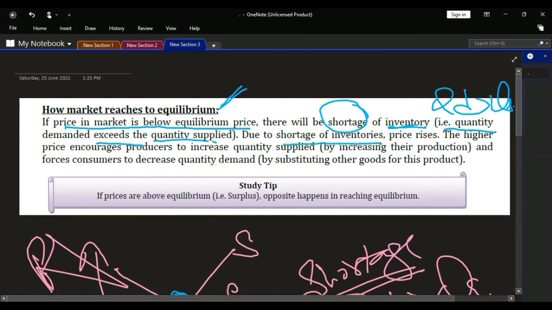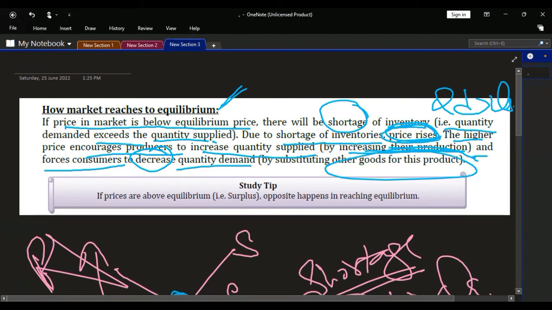Due to shortage in the market, prices rise. The higher price encourages the producer to increase the quantity supplied by increasing their production and forces consumers to decrease the quantity demanded by substituting other goods for the product.